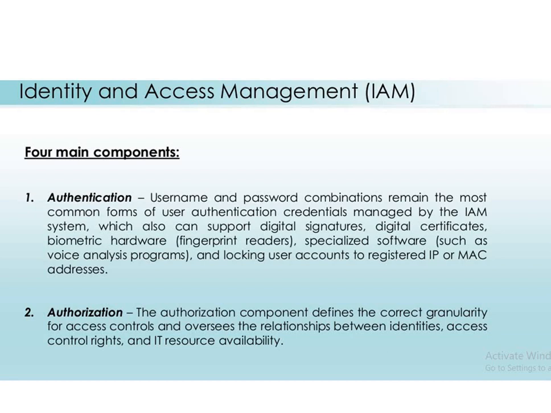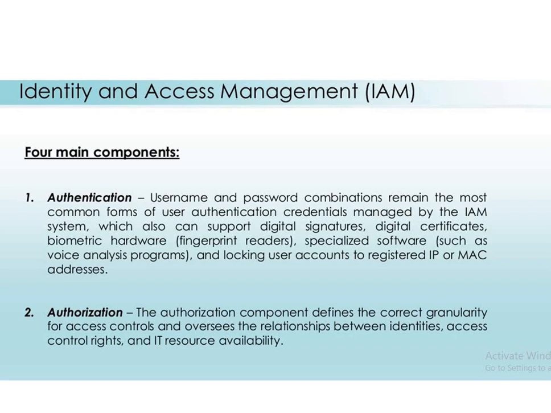It also supports specialized software such as voice analysis programs, and locking user accounts to registered IP or MAC addresses. So this is authentication, the first and foremost important component of the IAM mechanism.